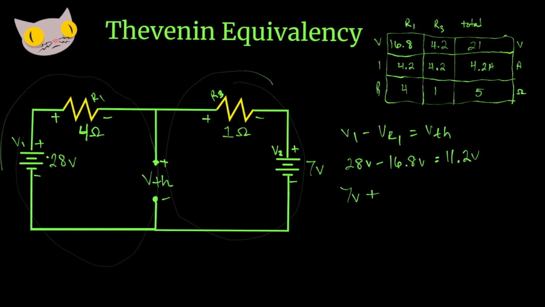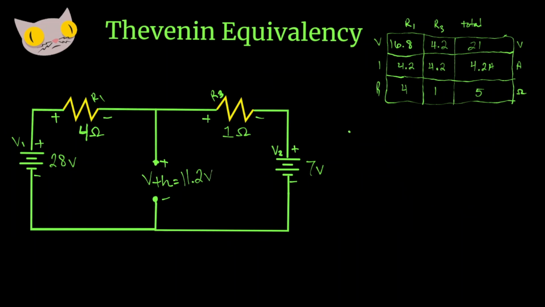So if you look at the circuit and think about it, you'll see that we have 7 volts plus 4.2, and that's going to give us 11.2 volts as well. So that's our Thevenin voltage.